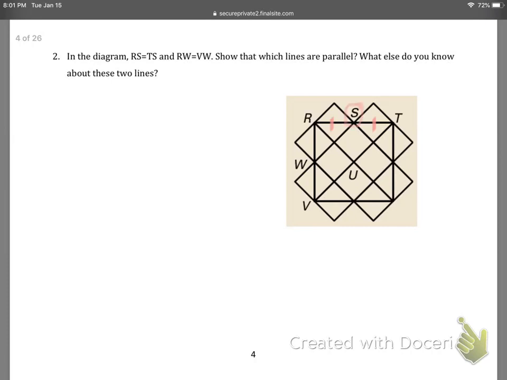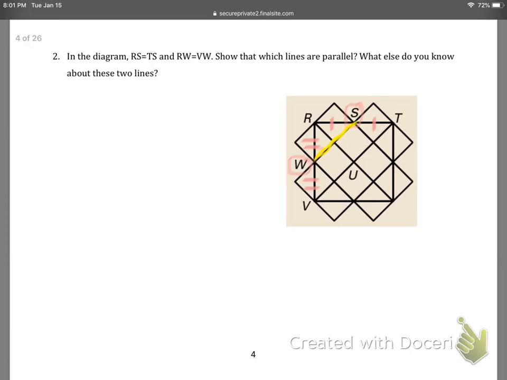They also go on to tell us that RW, right here, and WV are equal. If that's the case, then W must be a midpoint. So if that is true, then this line, SW, must be a mid-segment because it connects two midpoints.